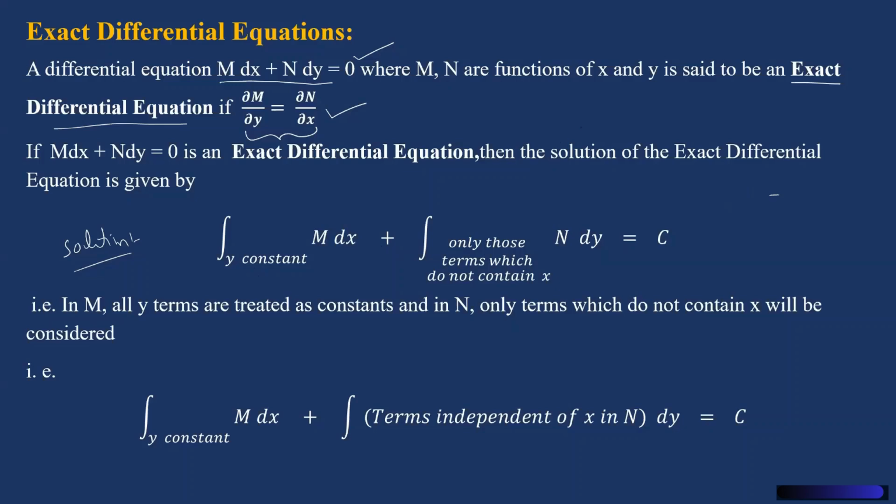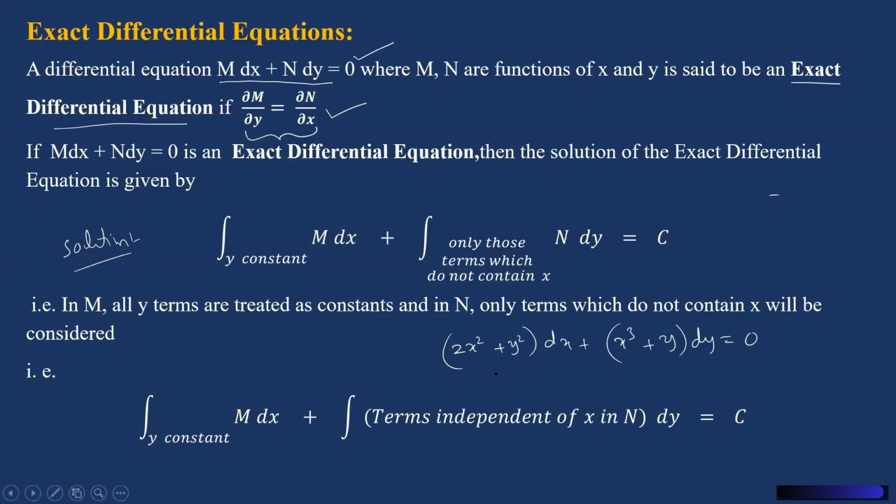See, for convenience, I'm just writing one simple equation here. For example, if you have a differential equation of this kind, 2x square plus y square into dx plus something like x cube plus y into dy is equal to 0.